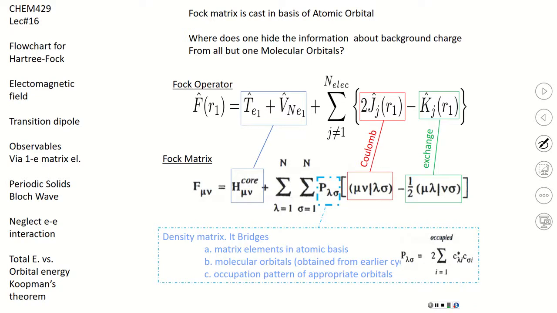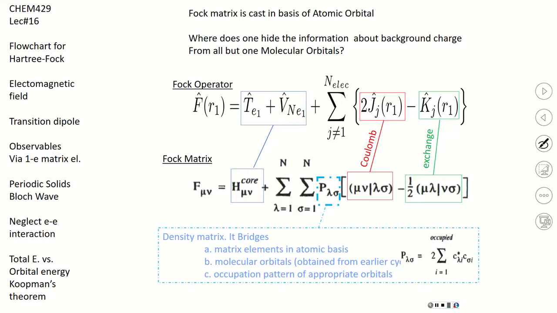The integrals are computed in the atomic basis once and forever, or at least until you update your ionic coordinates. And then the expansion coefficients in front of atomic orbitals are stored in molecular orbitals, right?